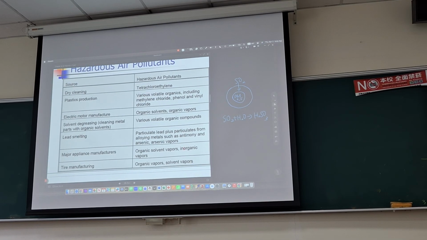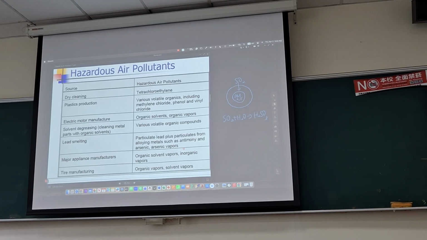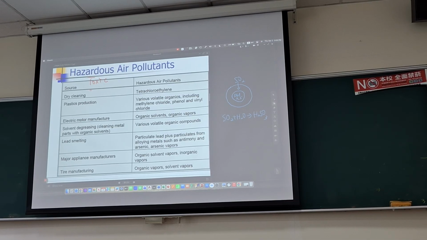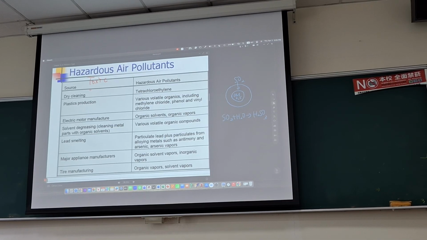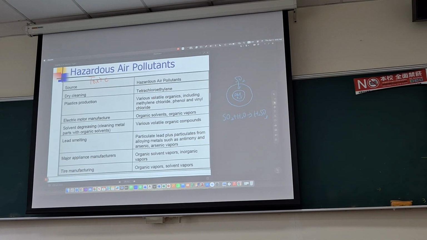Next, I would like to talk about hazards, which means toxic. If you inhale PM 2.5, you will not die immediately, you will just shorten your lifespan. But if you inhale those chemicals, you might die immediately.